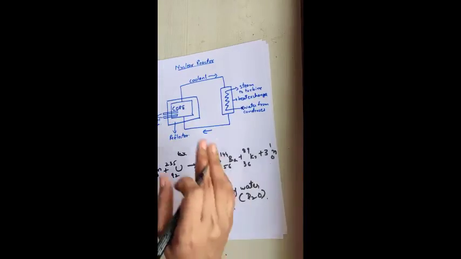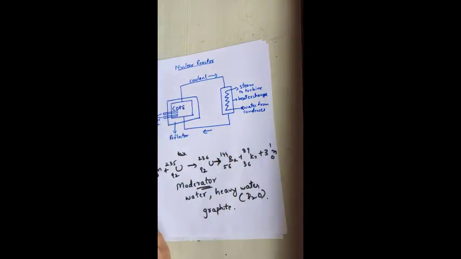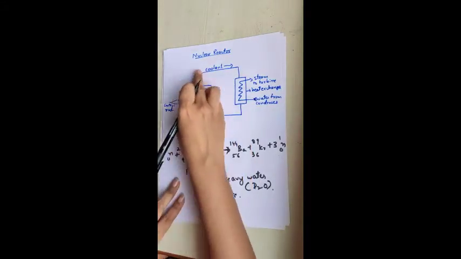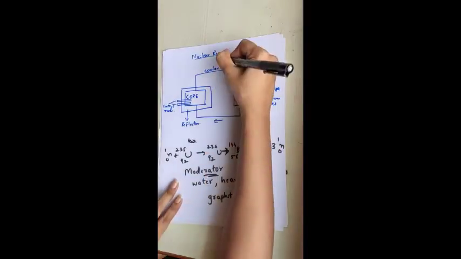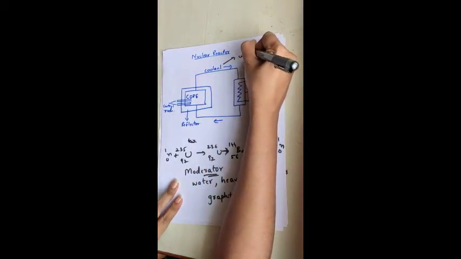Next, it consists of the coolant. Why is coolant used? Due to the continuous fission process, heat is generated. In order to remove the heat generated, the coolant is used, and basically the coolant used is water itself.